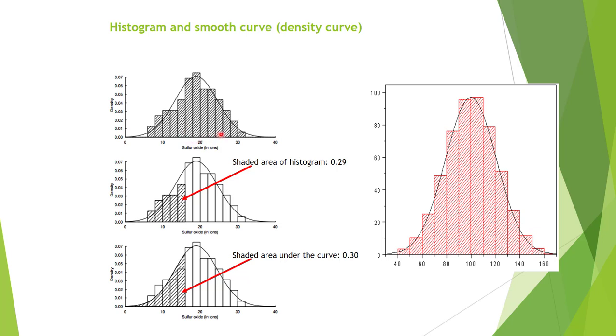You understand this because we talked about this earlier. If you add all of these shaded bars together, it will be 100%, right? Because it represents the total number of data points you have.